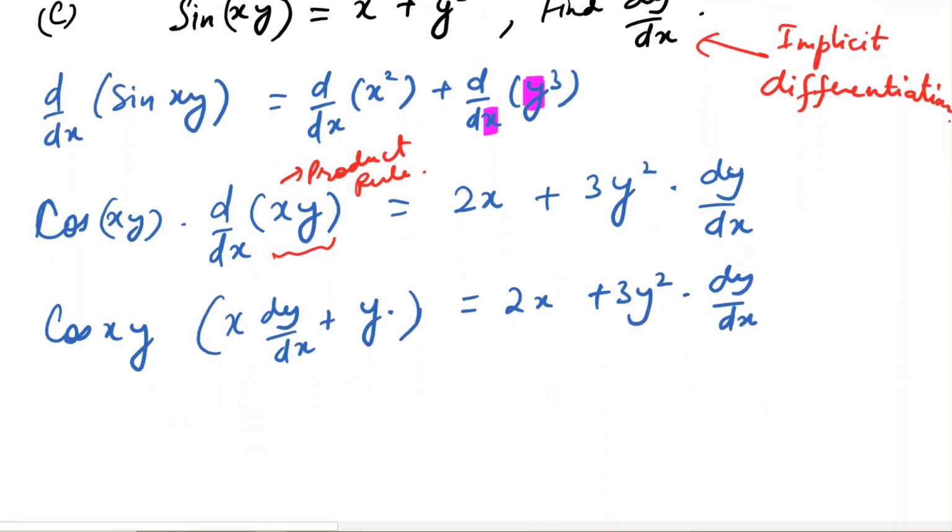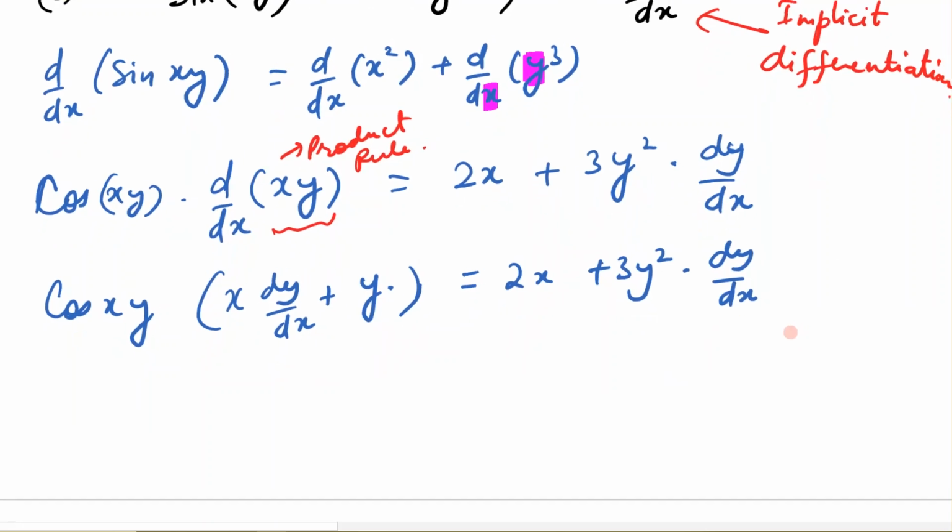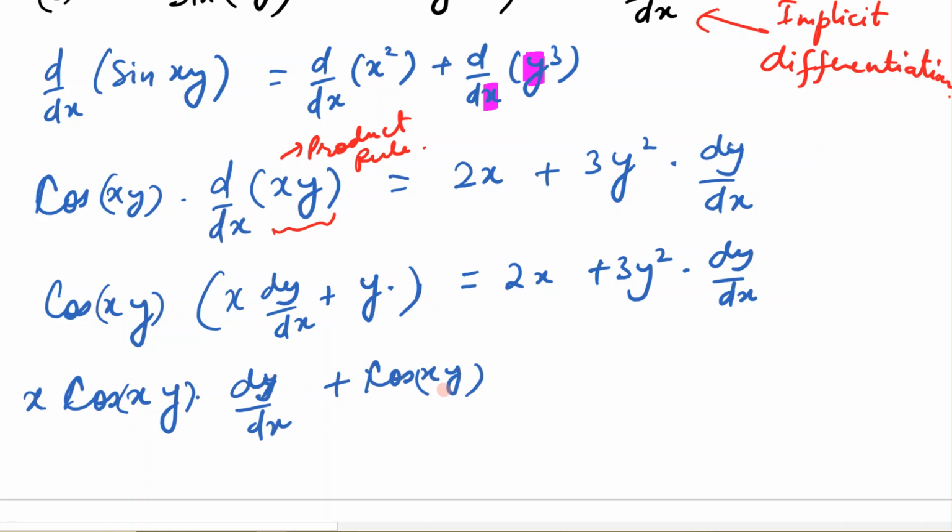Since our goal is to find dy over dx, we need to isolate the terms containing dy over dx. Let me first separate out my terms. So, x cosine xy dy over dx plus cosine xy times y.